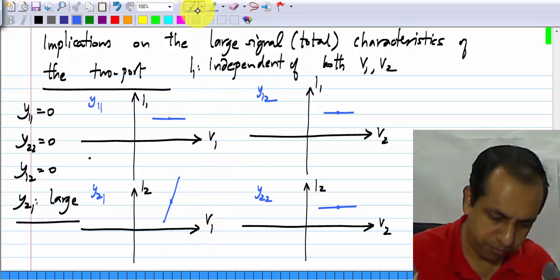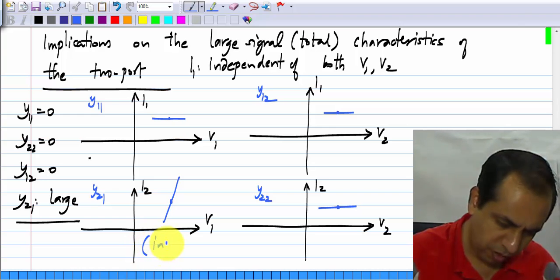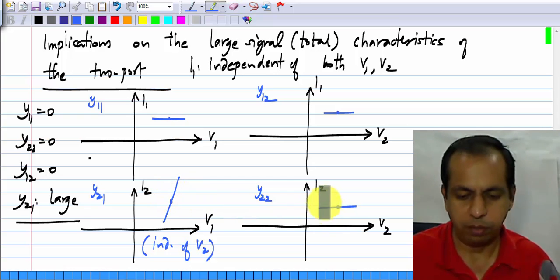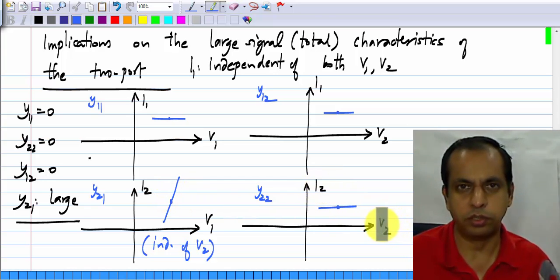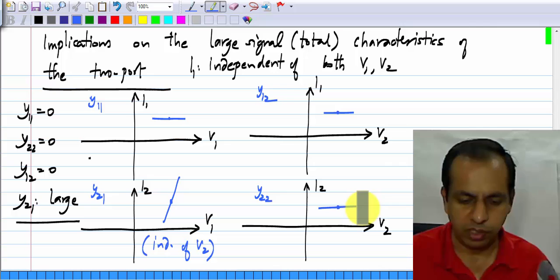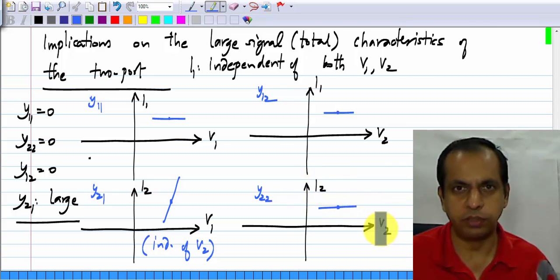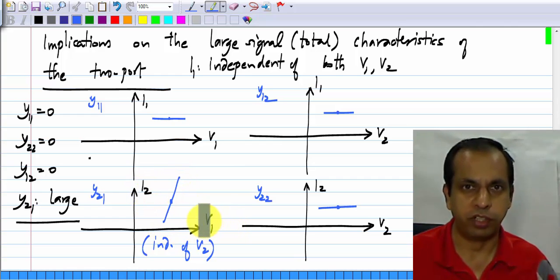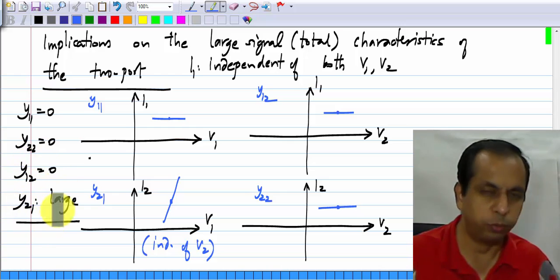Okay. Because clearly around this operating point we know that I2 is not changing with V2. On the other hand, for this graph I2 versus V2, V1 is a parameter, okay, and we know that I2 changes very sharply with V1 in order to have a very large Y21.